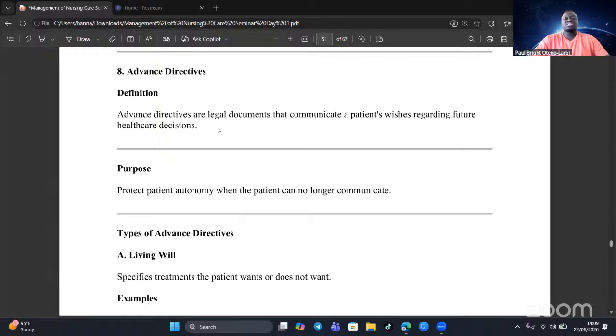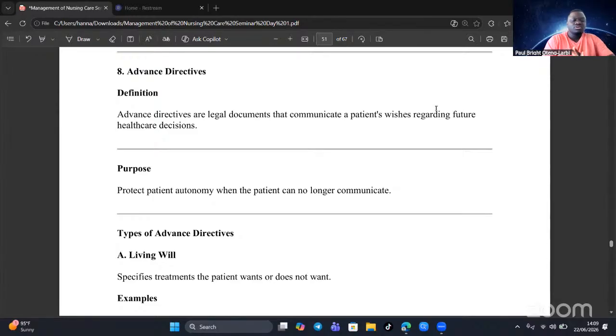This is a legal document that communicates a patient's wishes regarding future healthcare decisions. So now I am talking, I'm doing everything. I can see a lawyer or I can see any court, whatever, and make a future plan, that in case I become incapacitated, this is what should be done for me.